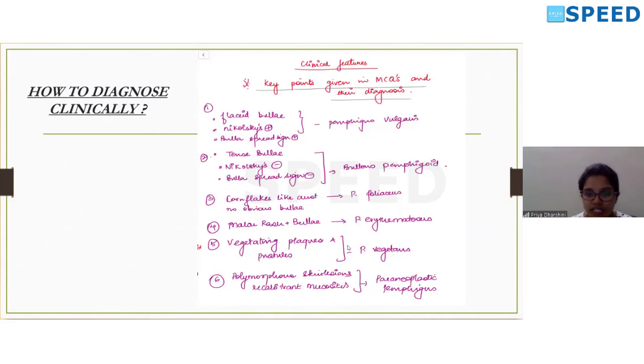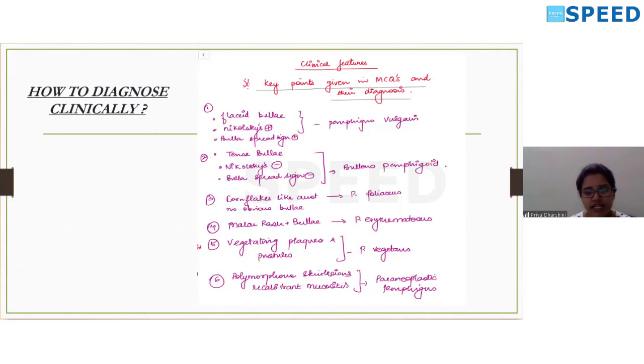Vegetating plaques, as the name indicates, you can easily diagnose as pemphigus vegetans, which is associated with vegetating plaques and pustules. Apart from this, the patient may also have one more important pointer called cerebriform tongue, which can also occur in pemphigus vegetans.